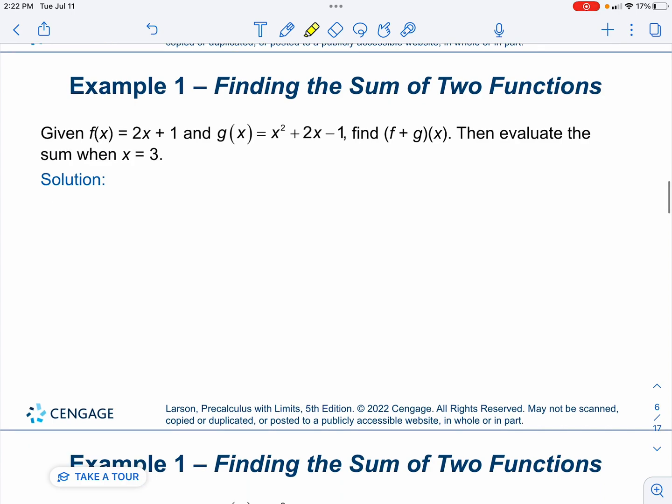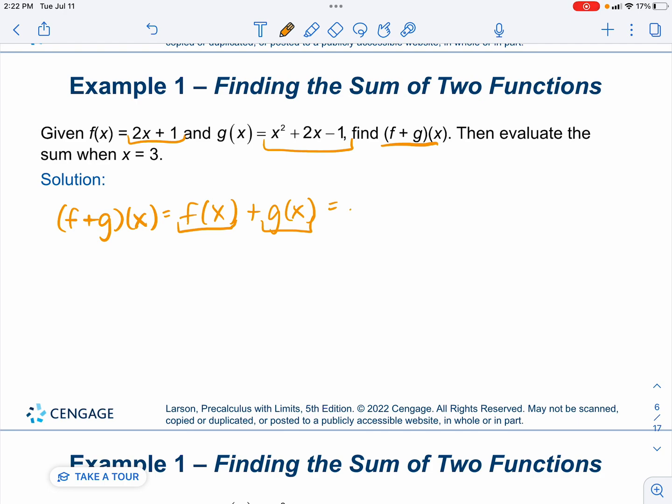Let's do an example of a sum of two functions. We'll first find f plus g of x. The definition is f of x plus g of x. So you take the f function, then a plus, then the g function, and combine like terms. So f of x is 2x plus 1, g of x is x squared plus 2x minus 1.